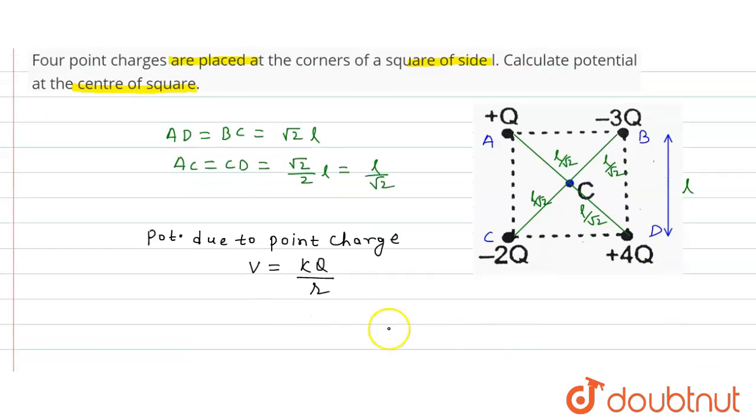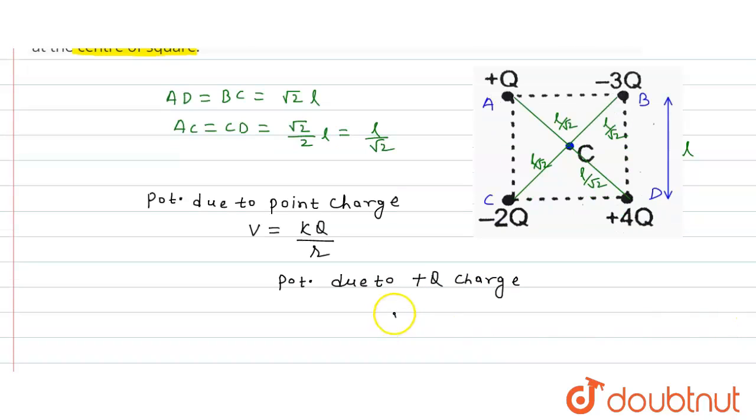Okay, so the potential due to this plus Q charge is V1 is equal to KQ, where Q value is plus Q, upon R, where R is L upon root 2.